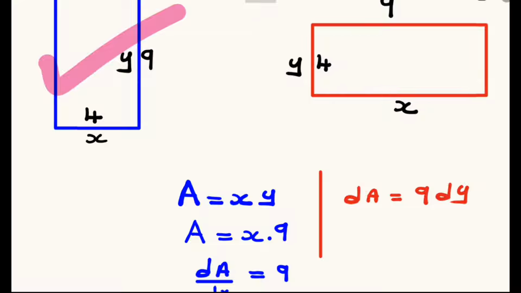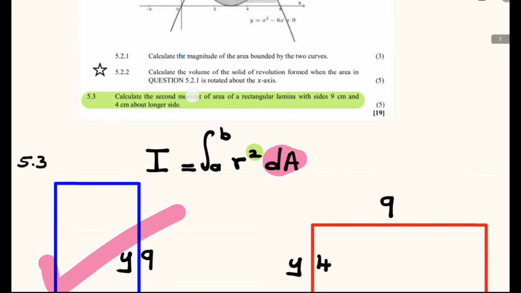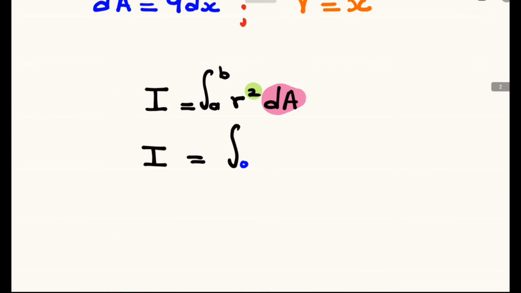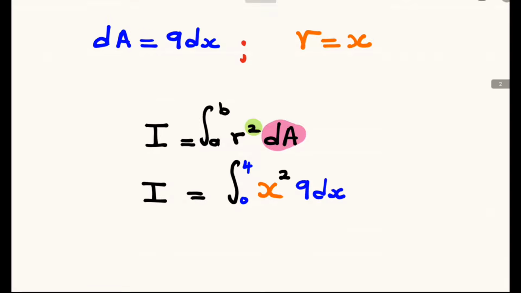So we were given the other side as equal to 4 and not 6, like the way the memorandum has claimed. So we are working with 4 and not 6. So in the place of the b, we substitute 4 and not 6. And in the place of the r, we substitute x, and it will be raised to the power 2. Our area element we already determined as equal 9 multiplied by dx.